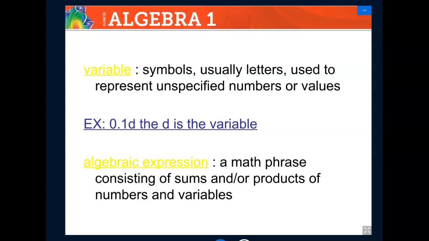A variable is usually a letter, but it can be a symbol, and it represents a number that we don't yet know. Like in that example, 0.1D, D is our variable, and we don't know what D is. D could be 10, and then you do 0.1 times 10. D could be -1, and you do 0.1 times -1. We just don't know yet.